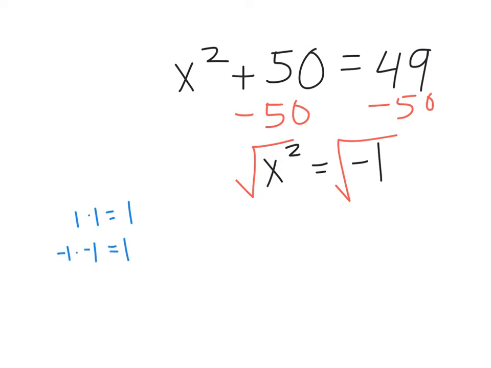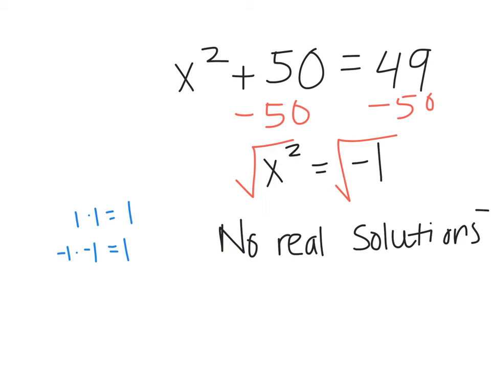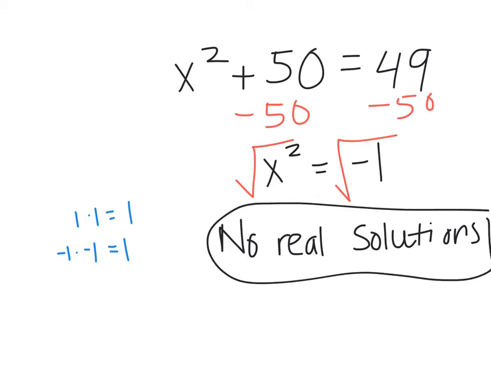That's what we just saw, the plus or minus. So here, it's not actually possible to take the square root of -1. Our answer in Algebra 1 is that there are no real solutions. This equation has no correct answer.